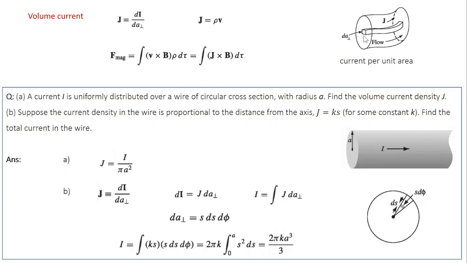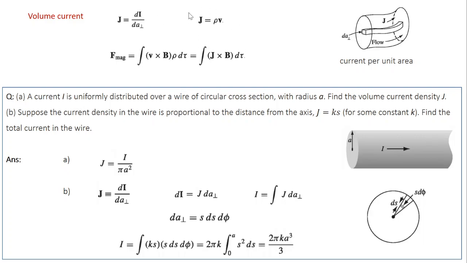Let the perpendicular cross-sectional area of this small tube be dA perpendicular and the current flowing through this small tube be di. Then the volume current density J is defined as di divided by dA perpendicular. So this is the current per unit area perpendicular to the flow.